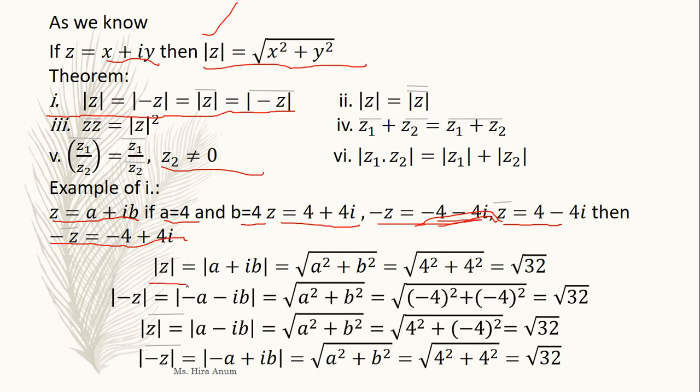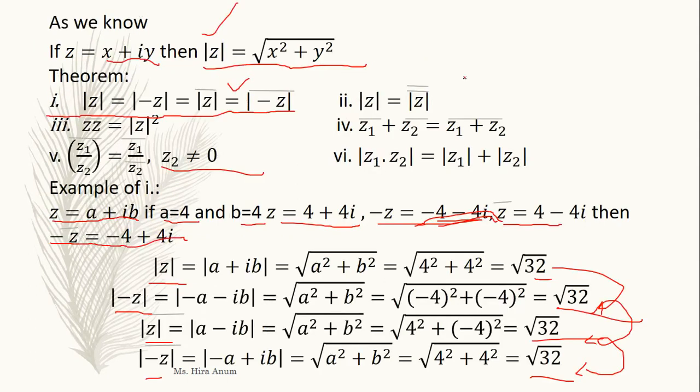So the value of mod z becomes a squared plus b squared, which equals 32. Then mod of minus z is also 32, and the mod of the conjugate of z is also 32. You can see the values are the same, so this part of the theorem is satisfied.